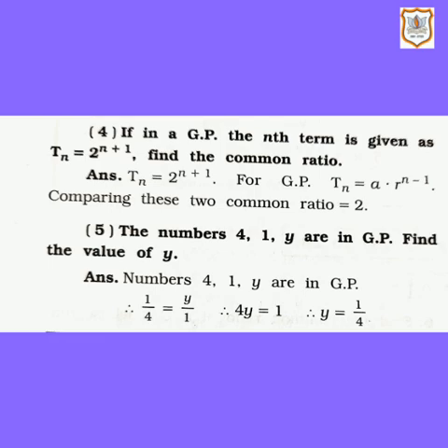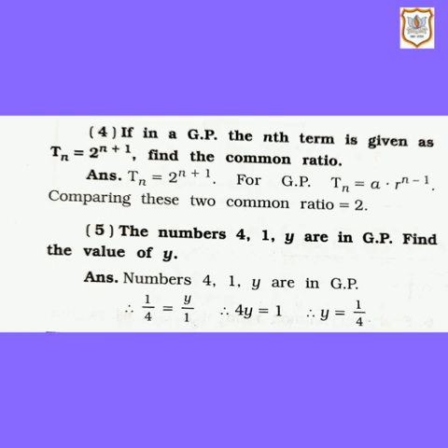Now let's have a look at the fourth sum. If in a GP the nth term is given as Tn equals 2 to the power n plus 1, find the common ratio. For a geometric progression, the formula for Tn is A multiplied by R to the power n minus 1.